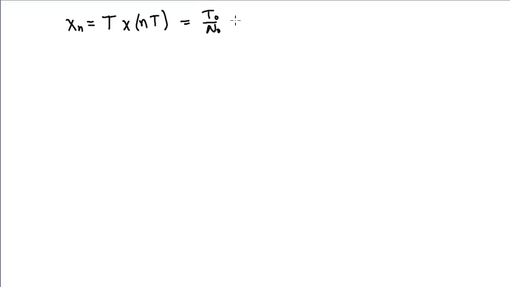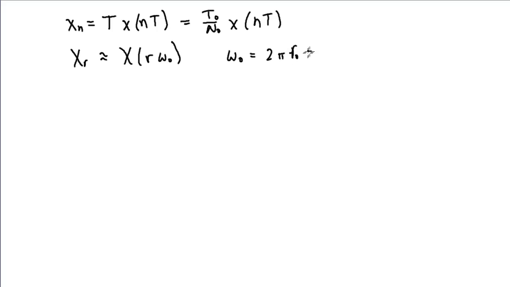That's the number of samples between, in the frequency domain between 0 and fs, or in the time domain between 0 and T0. And then in this case, our X of r sequence is approximately equal to samples of the Fourier transform of x of t, where omega 0 here is 2 pi f0, or 2 pi over T0.